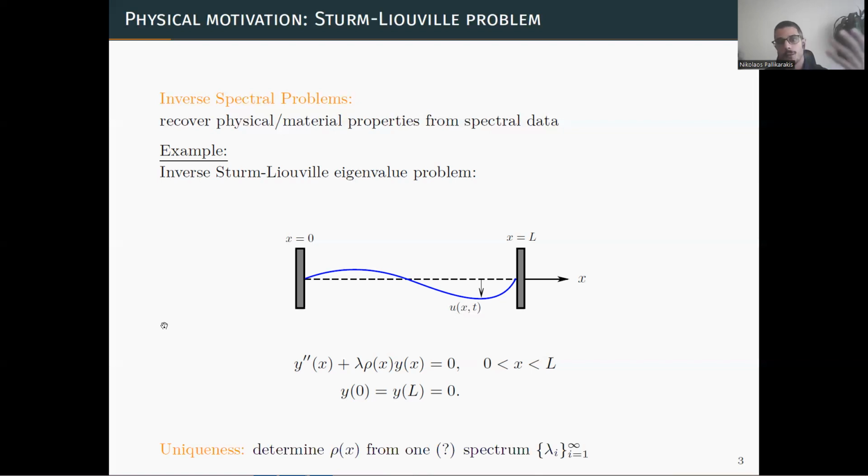So in the inverse problem, we're interested in recovering this density, let's say, from the knowledge of the spectra. And in general, this is one of the first problems that was studied, and there are several works on this problem. In general, there is non-uniqueness, and under some specific cases, one can uniquely determine the density from the knowledge of the spectrum.